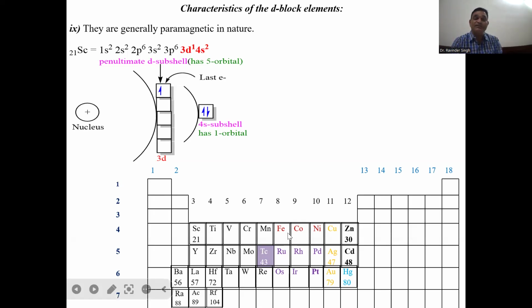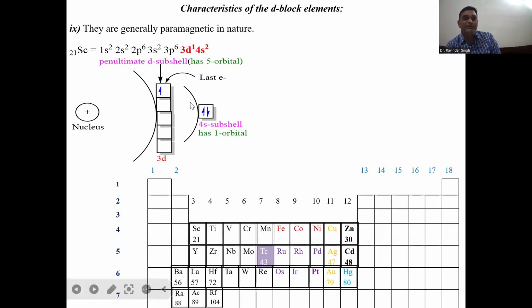After that, in case of iron, the configuration is 3d6, because 26 ends with 6, so 3d6 means 1, 2, 3, 4, 5 and 6: Hund's rule is applied. Hund's rule states that among the degenerate orbitals of p, d or f, which have the same energy, electrons are first filled singly, and then pairing takes place.